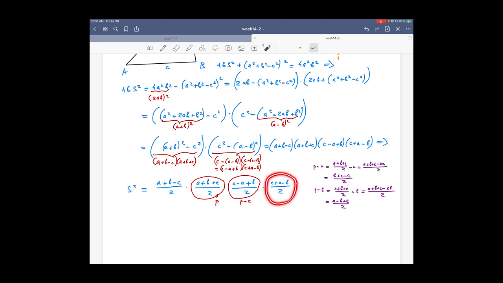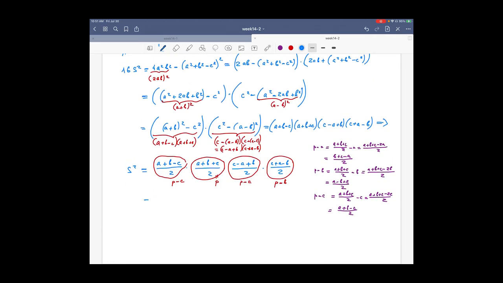It's this term. So this one here is p minus b. And finally, p minus c equals a plus b plus c over 2 minus c. That's a plus b plus c minus 2c over 2. So this last one is p minus c.